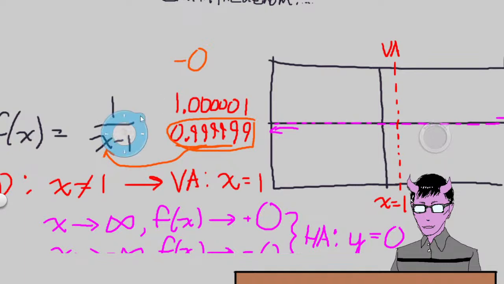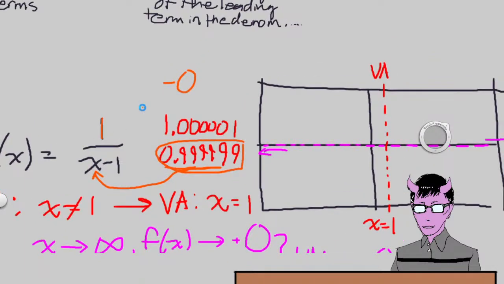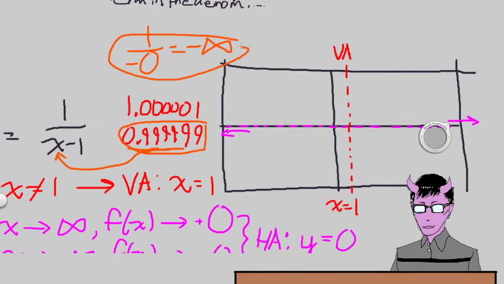So what happens when we divide 1 by almost 0? This is not truly 0, it's almost 0. We get a huge size number. We can represent that using infinity. This infinity just means a very large size value, but it's negative right there. What does this mean?